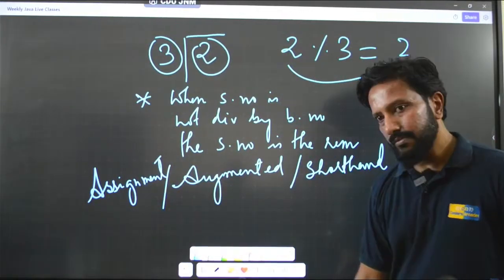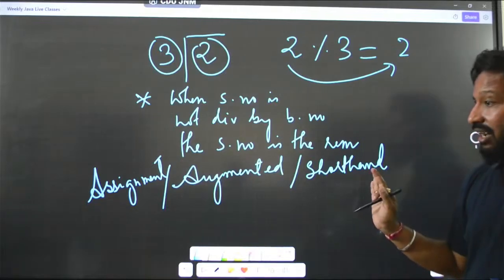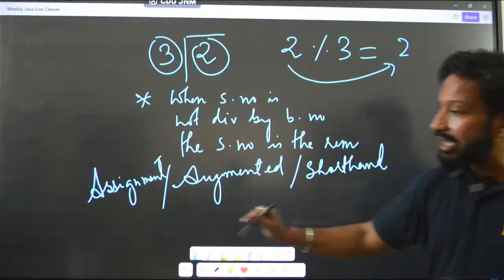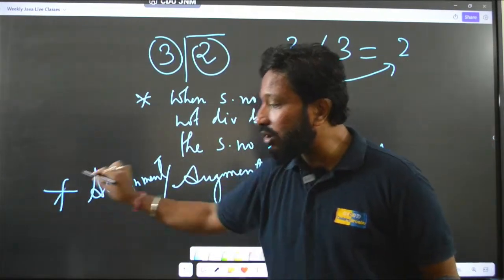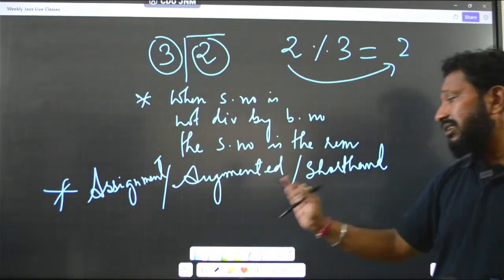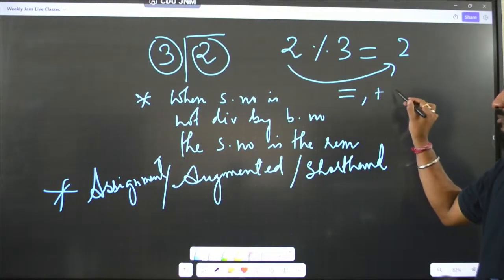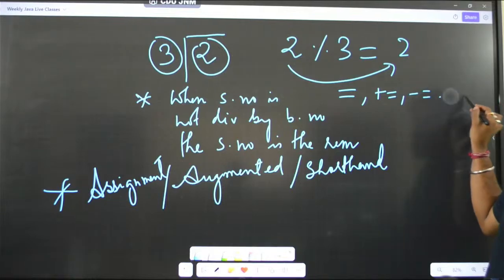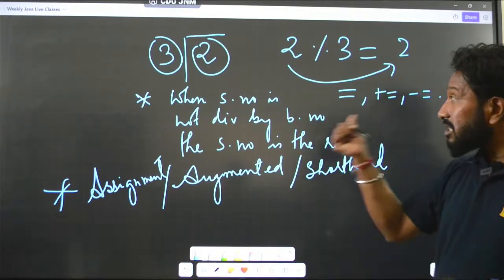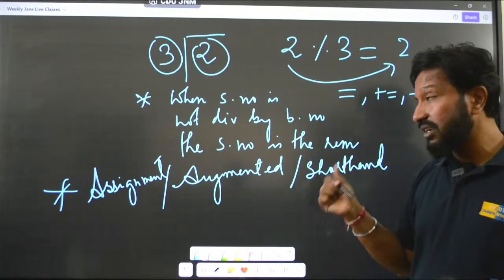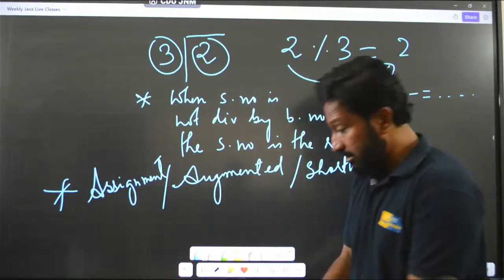Okay. So all the three belong to the same category. They represent the same operator: assignment, augmented, or shortened. Just the first one is equal. After that you write plus equal to, minus equal to, and so on. Clear? This is how it works. Please remember that.